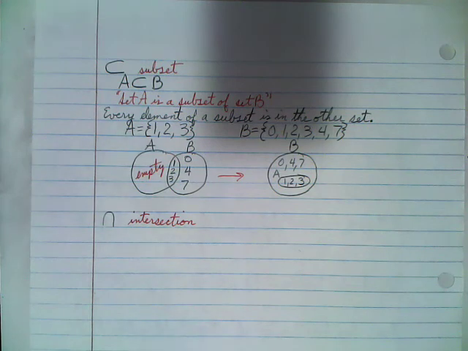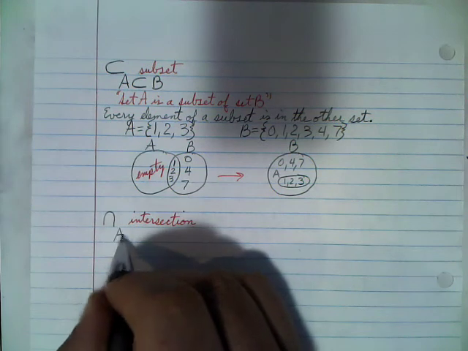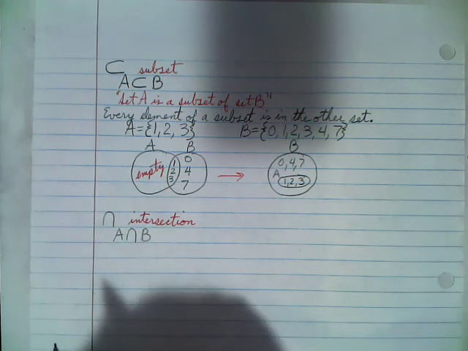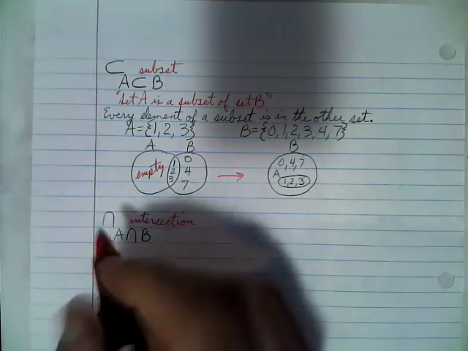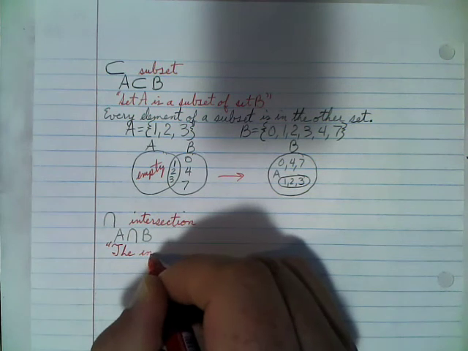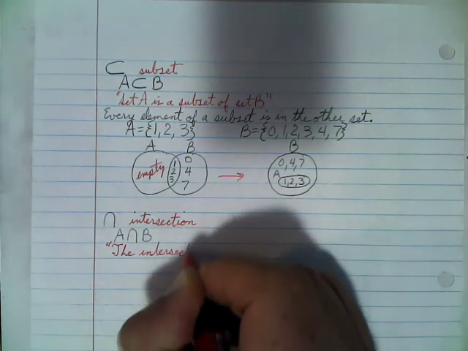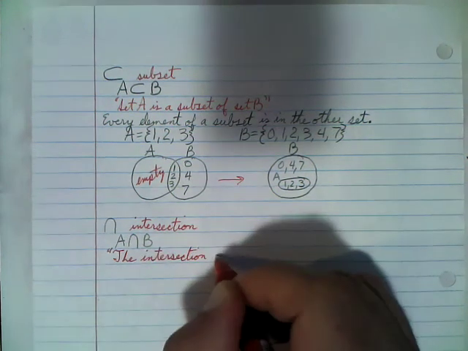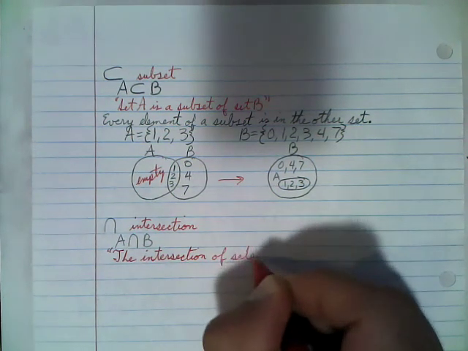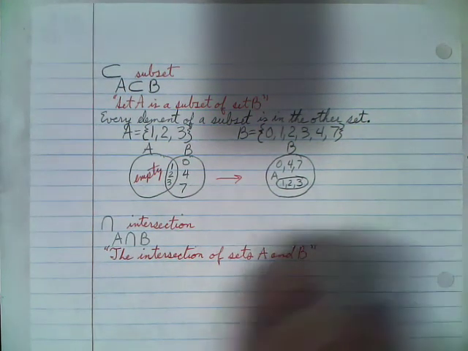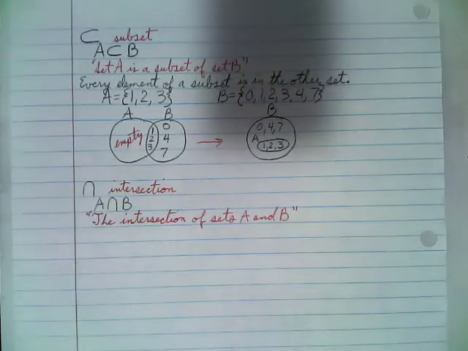So we might write A intersection B. Or another way to say that a little more naturally is the intersection of sets A and B.